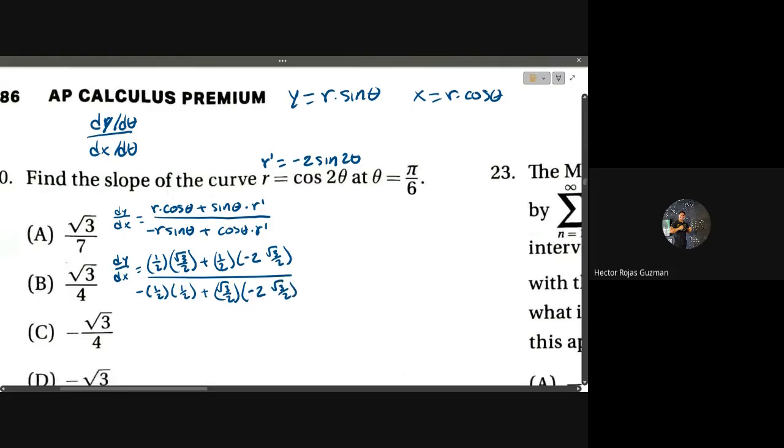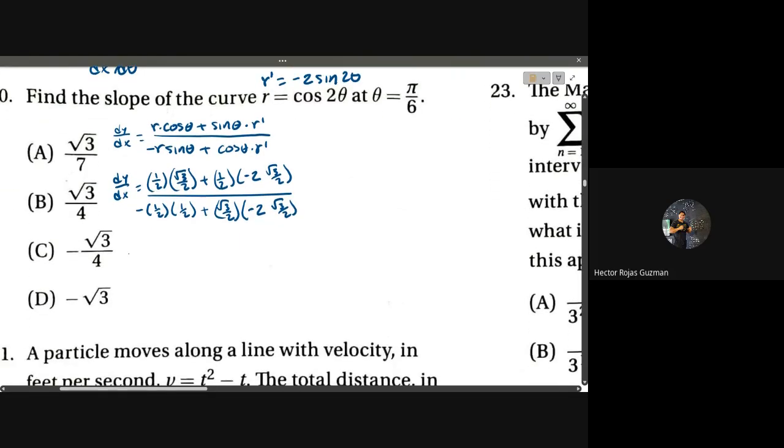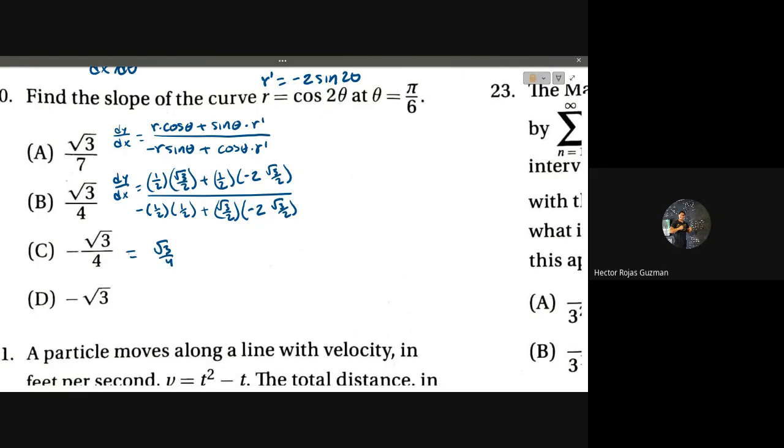Oh, wow, a lot of fractions here. This equals the first term, square root of 3 over 4. The second term cancels, leaving us with negative square root of 3 over 2. In the denominator, we get negative 1/4. These cancel, leaving us with 3 over 4.